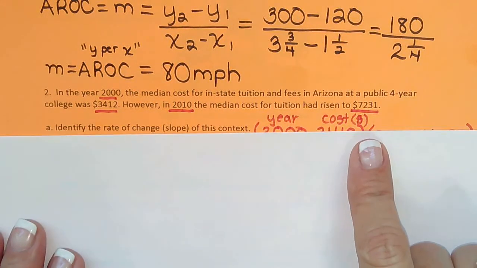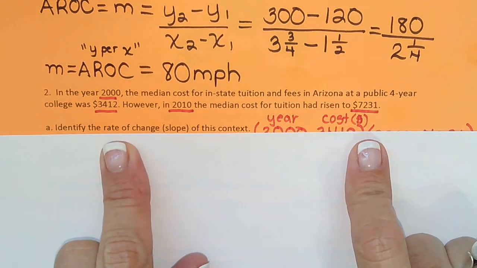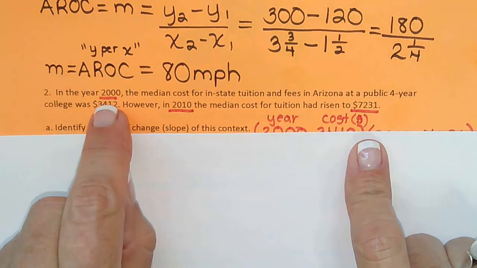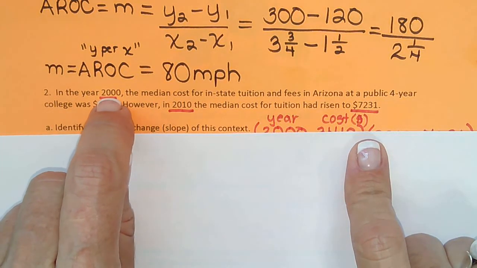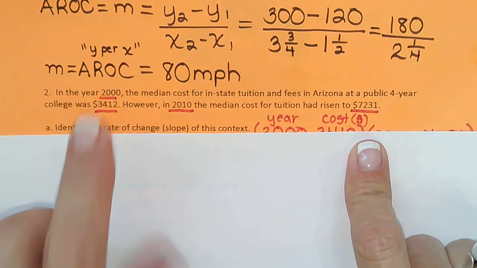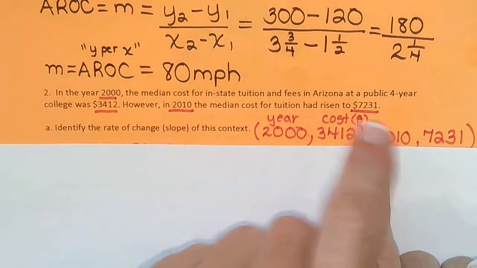So this wants to identify the rate of change. So the minute you see that, what you should be saying is, oh, that means I need 2 points. Ms. Norris told us in the first section that dates are always the x. So here's my x, here's my y. Here's my x, here's my y.